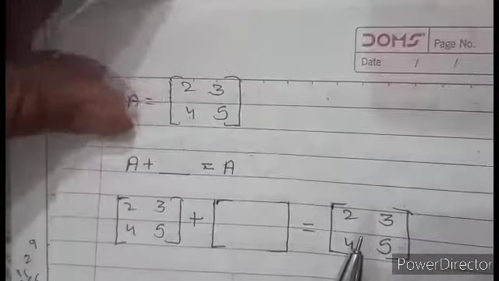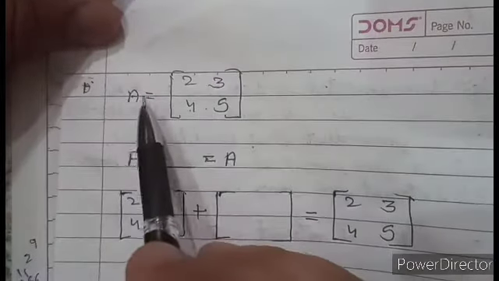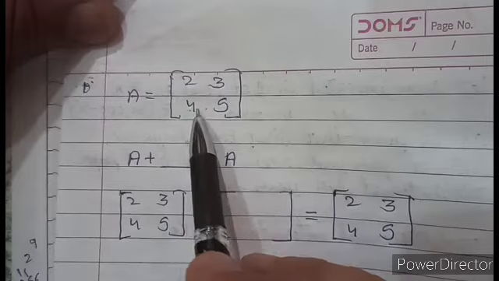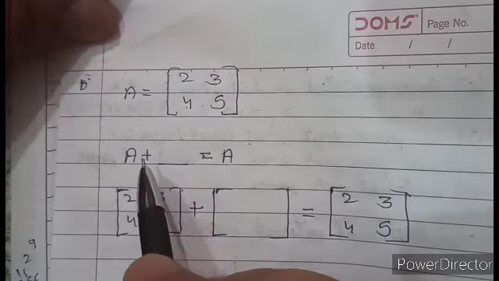Now let us understand this with the help of an example. I have taken here matrix A. Its elements are 2, 3, 4, 5.